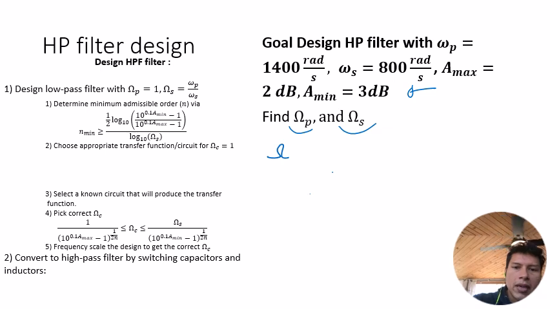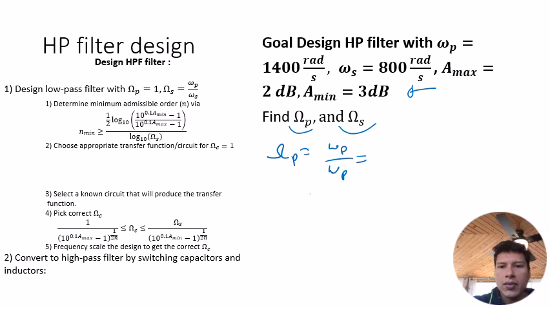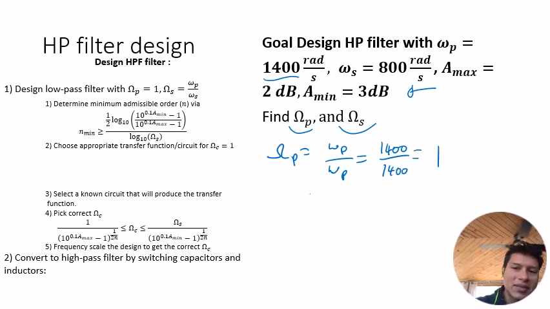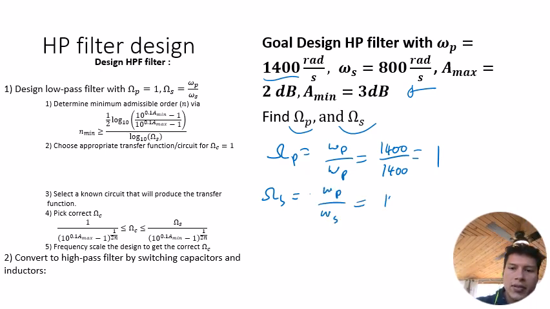Capital omega p is going to be omega p over omega p, which in this case is 1400 divided by 1400. Well, it's always 1, so it's just 1. And then capital omega s is going to be omega p over omega s, which is 1400 over 800.